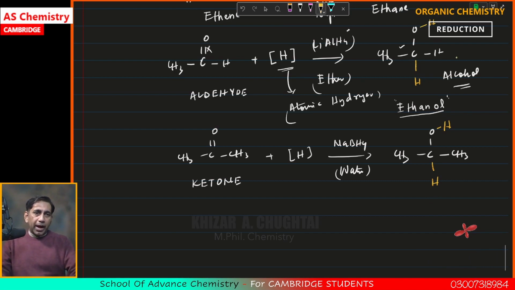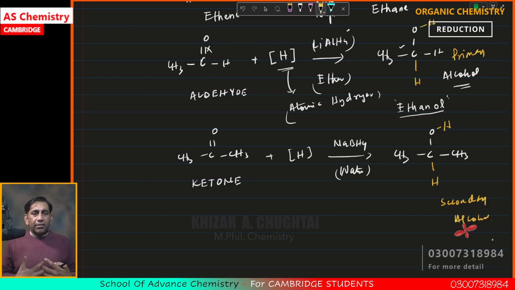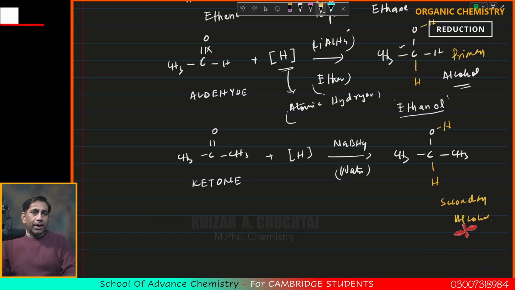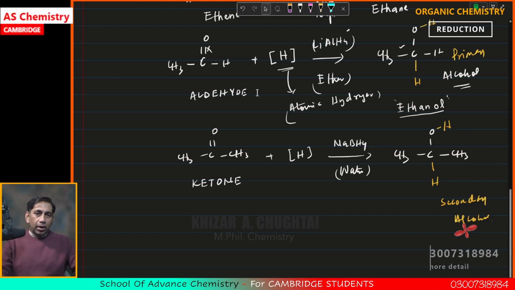This one was primary alcohol, and this is the secondary alcohol. So whenever aldehyde or ketones are reduced, there is a formation of alcohol. If you are starting from aldehyde, it will change into primary alcohol. If you are starting from ketone, it will change into secondary alcohol.